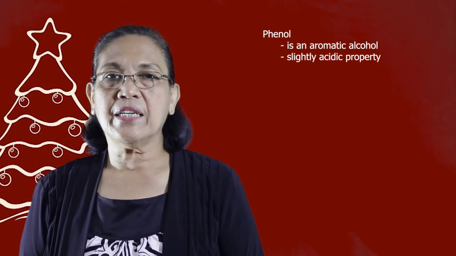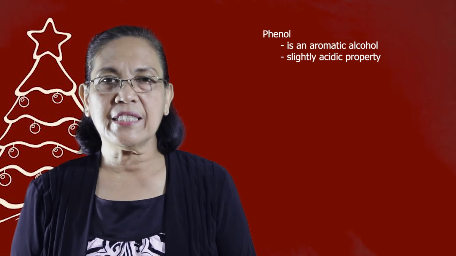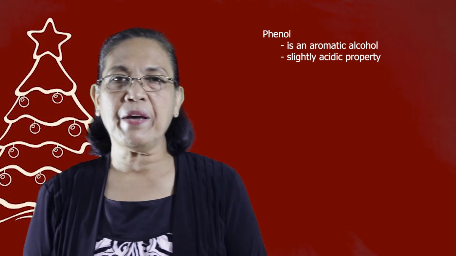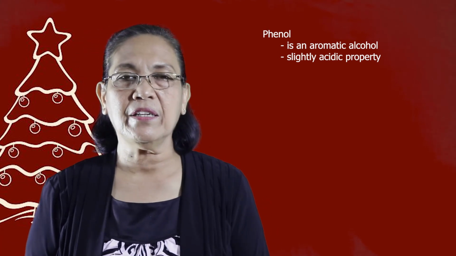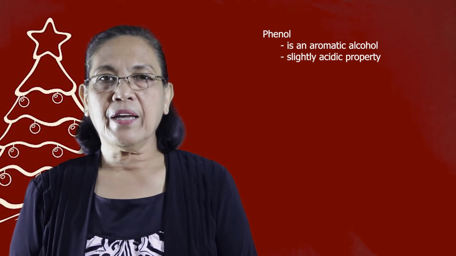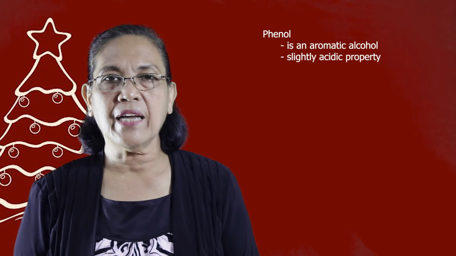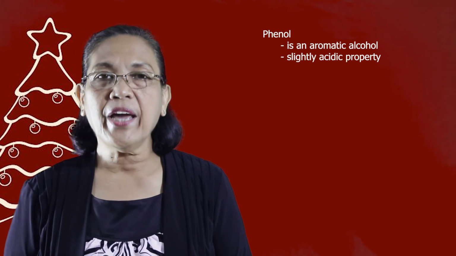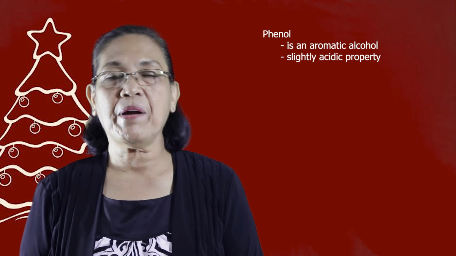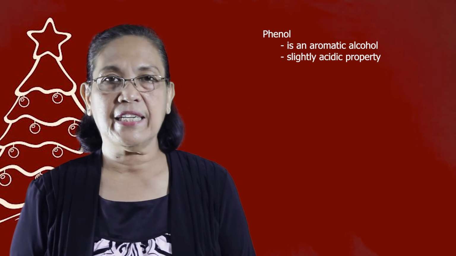On the other hand, the aromatic alcohol like phenol, this has a slightly acidic property. That's why when we performed experiment on alcohols and phenols, you notice that the phenol is releasing the carbon dioxide when it was reacted with sodium bicarbonate because it has a property of being acidic.